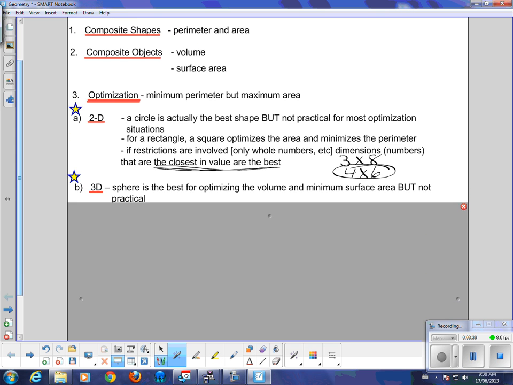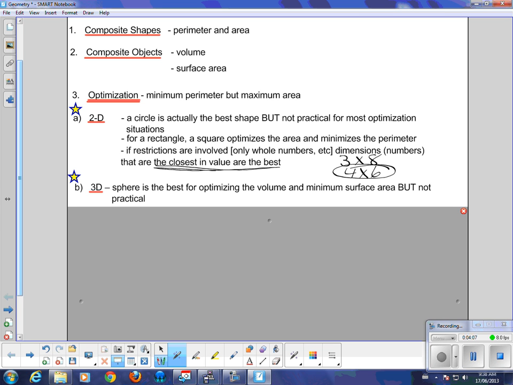Okay, so the next thing has to do with three-dimensional. Now, three-dimensional is not dealing with perimeter or area. It's dealing with surface area and volume. Okay, so to optimize, we want to reduce the amount of surface area at the same time getting the most volume out of it. Okay, so again, in this case, a sphere is the best for optimizing the volume with the minimum surface area.